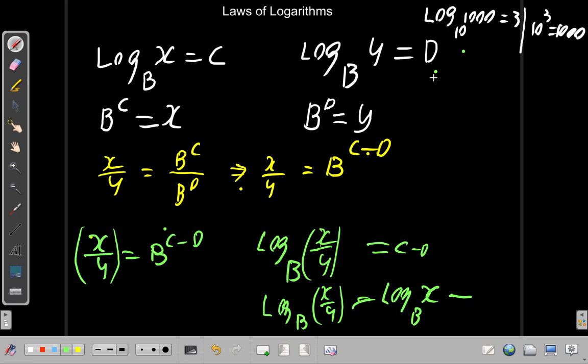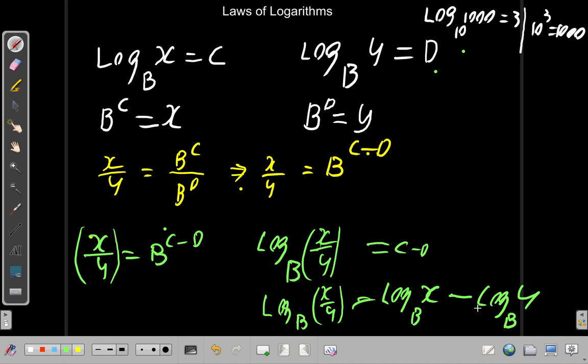So instead of writing d, we just write log y, and the base is b. It is saying the log of x over y is equal to log x minus log y.